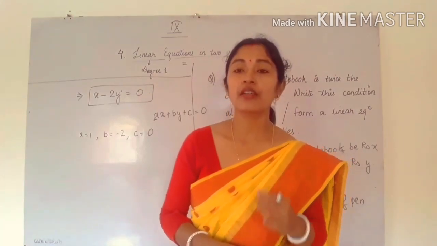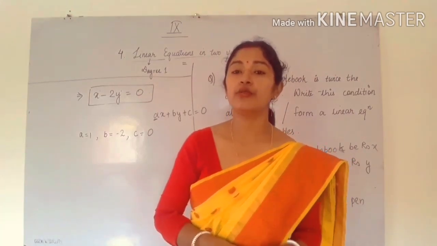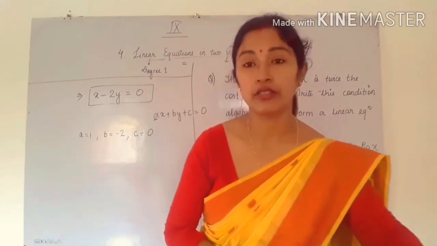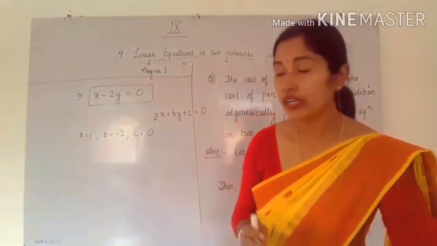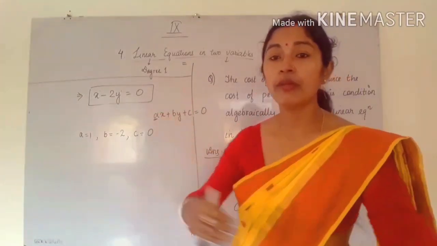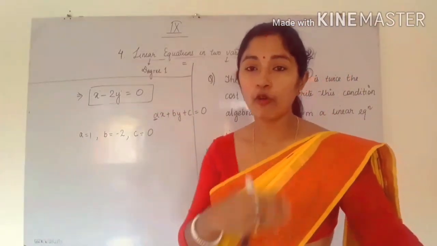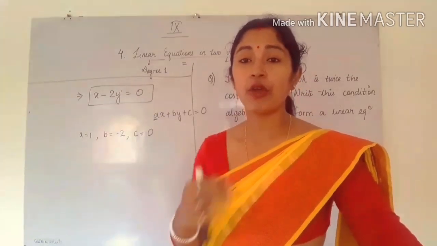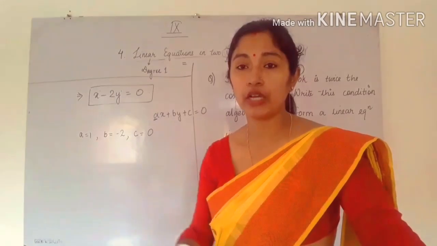Okay, so x and y can take any real values. That means what we can say from this linear equation in two variables, how many solutions does it have? As I have already discussed, x and y can take any real values.